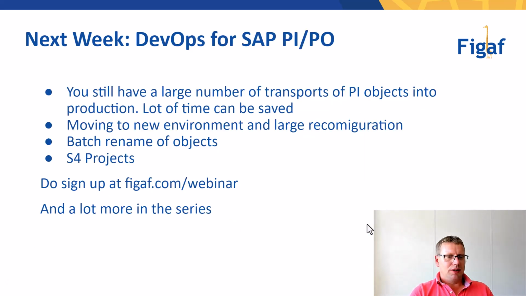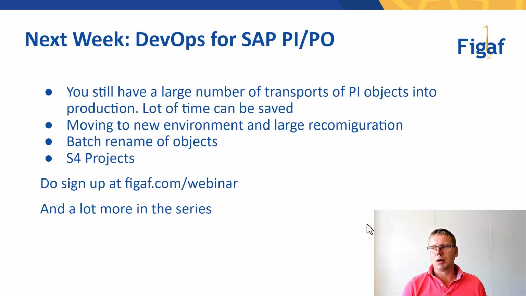One thing, next week we are hosting the next episode of this, and here we'll talk about the DevOps for PIPO, and I think this is also really interesting. So even though you are starting the migration, if you have a large landscape, migration is going to take a long time.